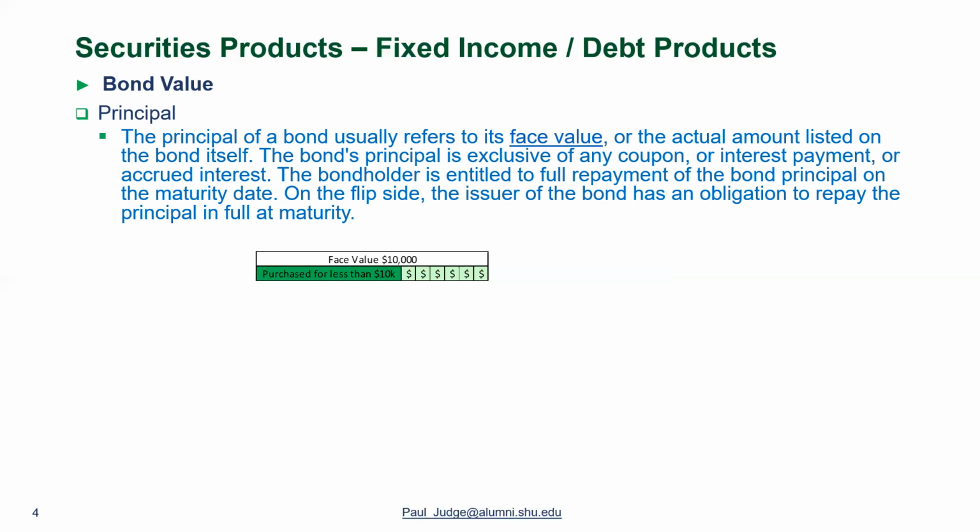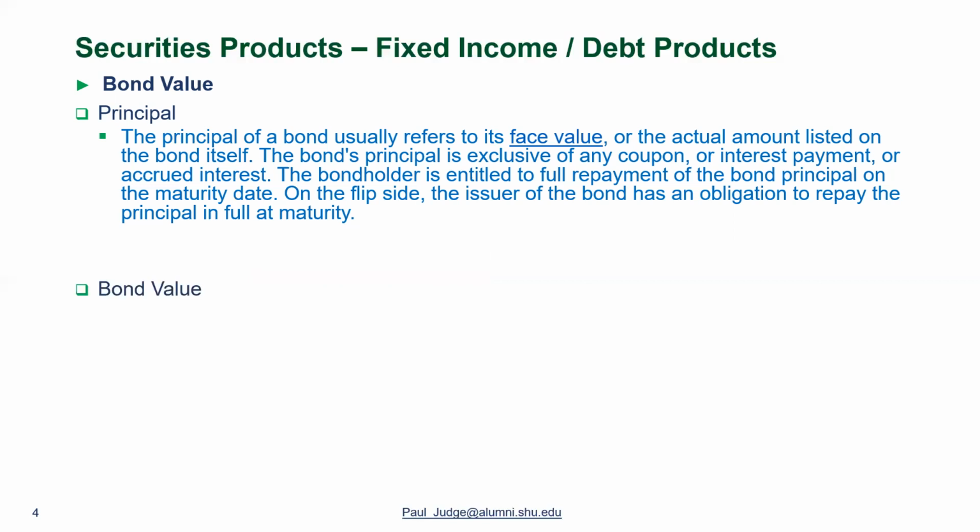Or a case where the principal that's paid is less than the face value, but over the life of the security as it matures, interest payments would come in, and at the end, the face value would be achieved and paid back to the investor.